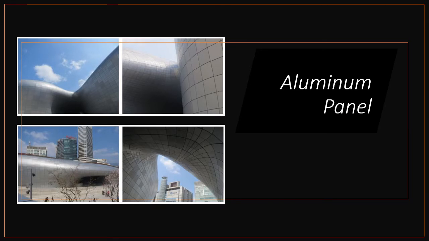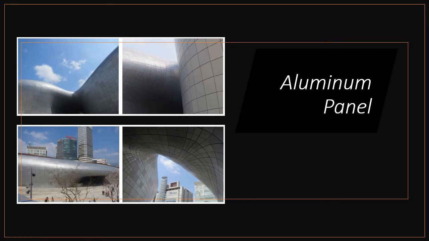Aluminum panels were divided by appropriate size during the initial design phase. Panels are divided into sizes first, considering economic feasibility and constructability. If each panel is too big, the curved surface is awkward, and if it is divided too small, construction and labor costs are high.